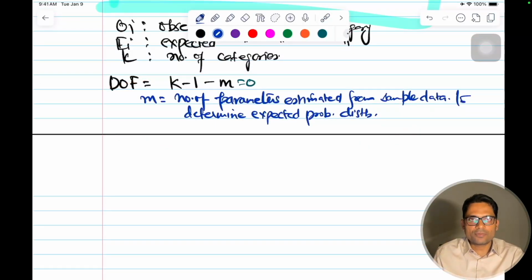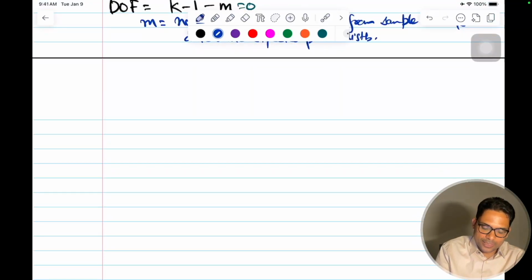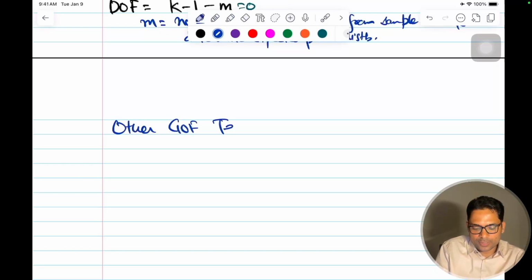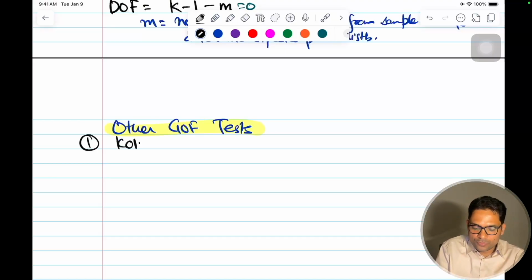Since we are talking about goodness of fit tests, let me tell you about some more. There are other goodness of fit tests also, which are very popular. This is for categorical data. What if you have continuous data? That is more like normal. For that, the most common is the KS test, the Kolmogorov-Smirnov test.